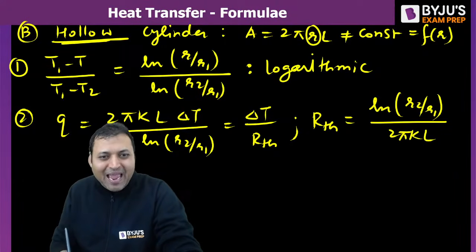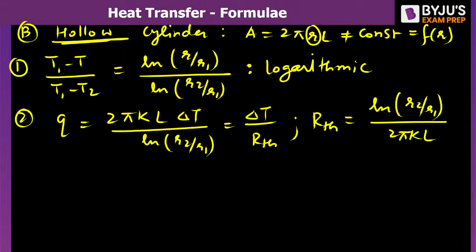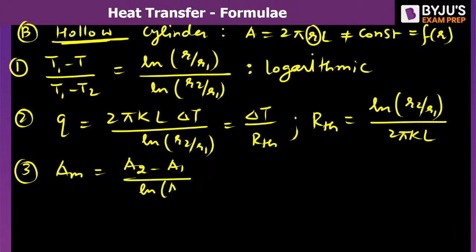So this is the formula, and then we define the mean area. Do you know the formula for mean area? After this we define the mean area. AM is given by A2 minus A1 upon ln of A2 by A1. That is called the logarithmic mean area for a hollow cylinder to develop the equivalent plane wall.